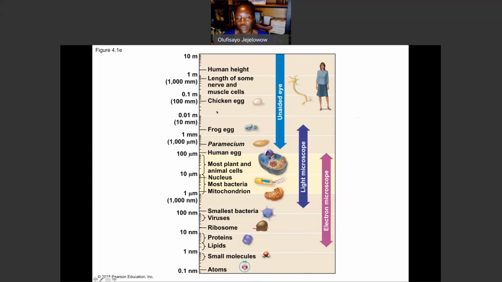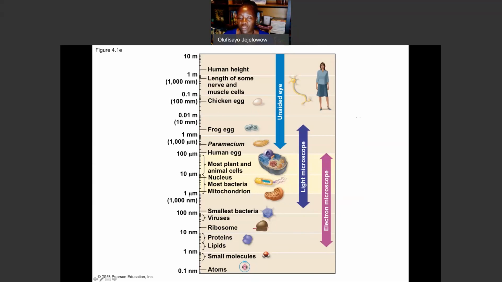But the majority of living cells are microscopic, and one micron is 1 millimeter divided by 1,000. 1 millimeter is 1 meter divided by 1,000. Some organelles, such as the mitochondria, can be visualized under the light microscope.